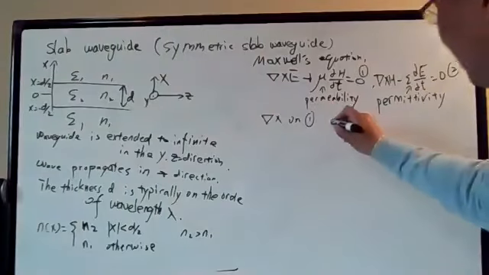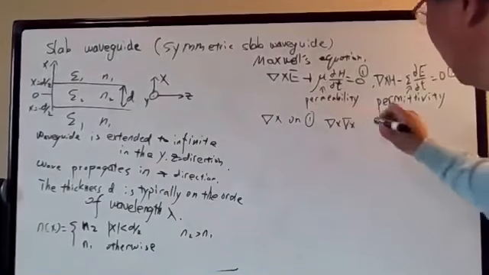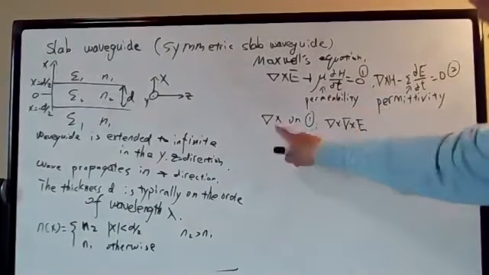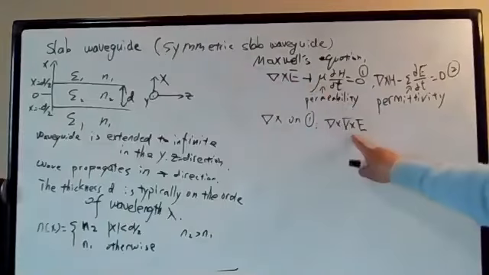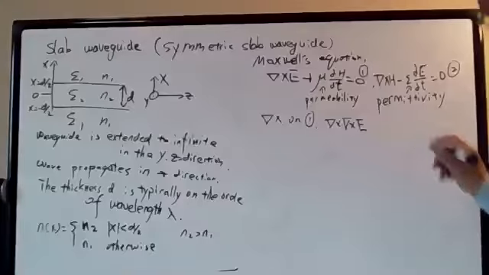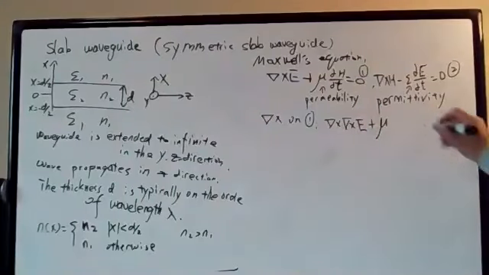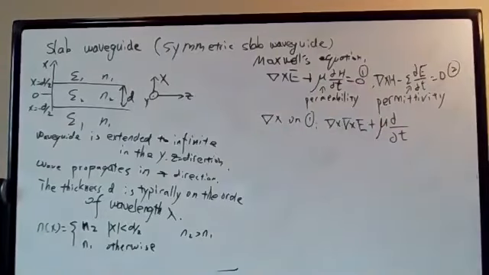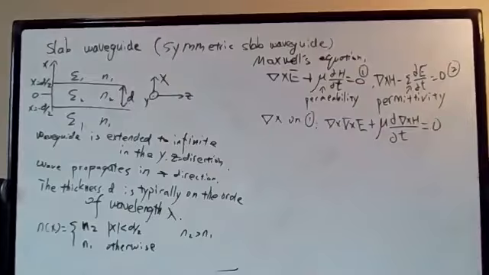What we have is curl of curl of E plus mu partial t, right? So let's apply the curl operation first. So curl of H equals 0.